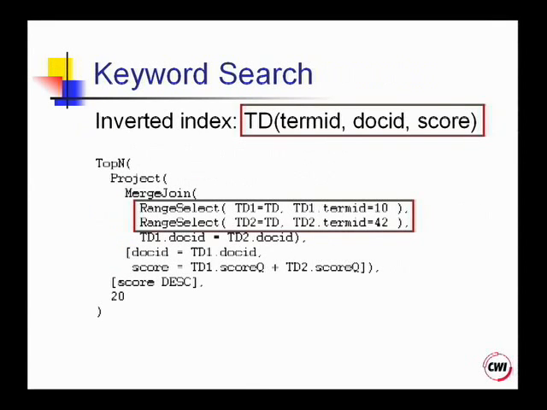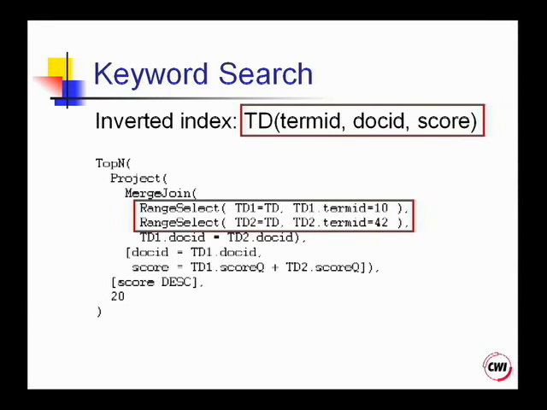So what are we going to do? We're going to do keyword search on top of a relational database system. Well, what does it involve? Given that you have an inverted file with the database relational schema as defined on top, so the TD table with term ID, doc ID, and score columns, we're first starting with two range selects to select those parts of the index that correspond to our two keywords, our two search terms.